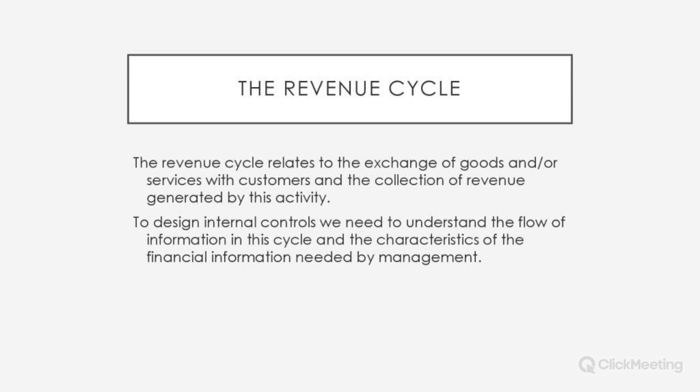Unless we understand how the information flows within the revenue or expenditure cycle, we won't be able to understand the needs of management and at what places within that cycle we need to put internal controls in place so that fraudulent transactions can be avoided.